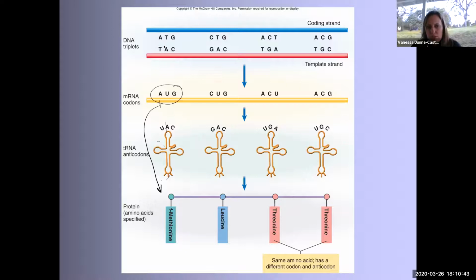So here you can just walk through that whole DNA template, find the mRNA codons, find the anticodons, and then find their associated amino acids. And this is the link between DNA, mRNA, and amino acids.